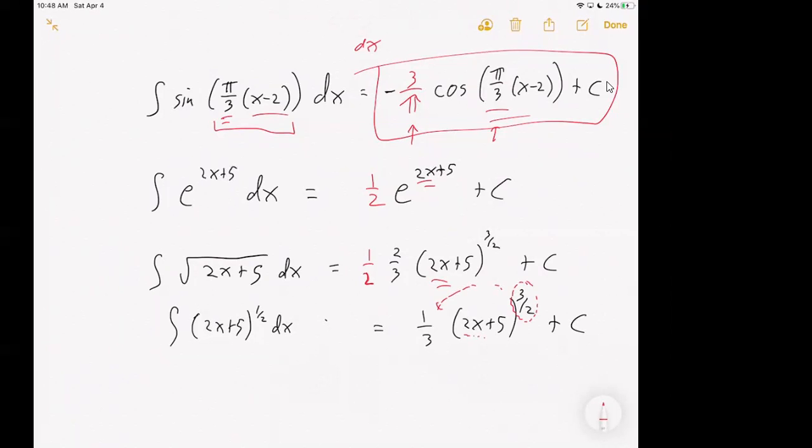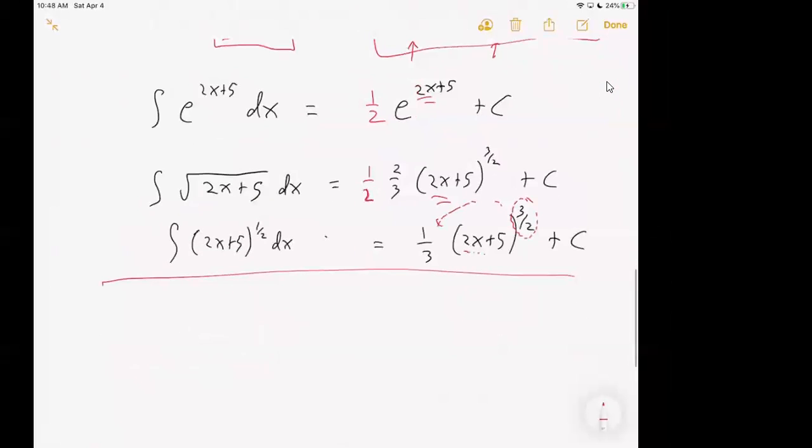Okay, so the point of this is, just like I can very quickly take derivatives of things like e to the 2x by throwing in an extra factor of 2, I can also take antiderivatives, since it's the opposite process.